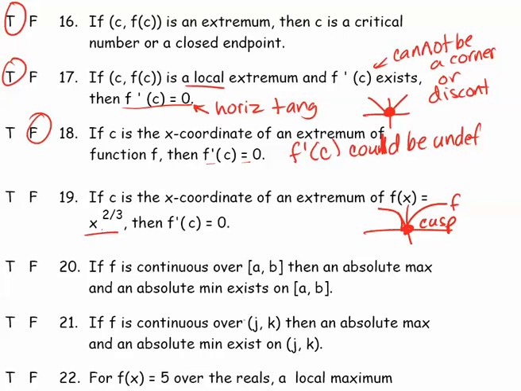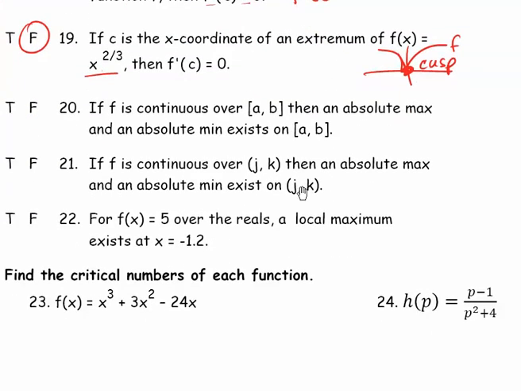So there's going to be no derivative. F prime is not going to exist at that minimum point. So there's our counterexample. In 20, if f is continuous over a closed interval, then there has to be an absolute max and there has to be an absolute minimum. That is definitely true. That's our extreme value theorem.